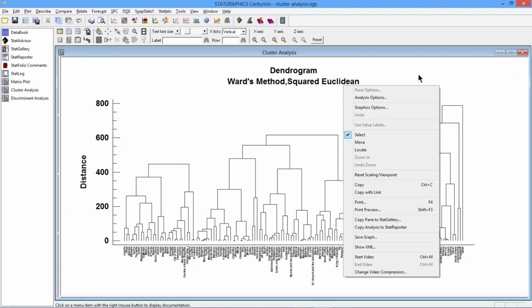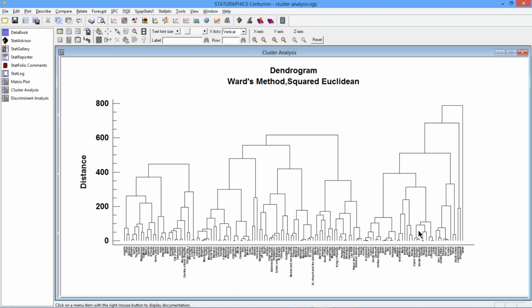I guess that could be useful. Let me write that down as a good enhancement. I figured I'd do it horizontally usually because there's more real estate along the x-axis than there is along the y-axis. And you can see I brought the font size way down in order to read the countries.